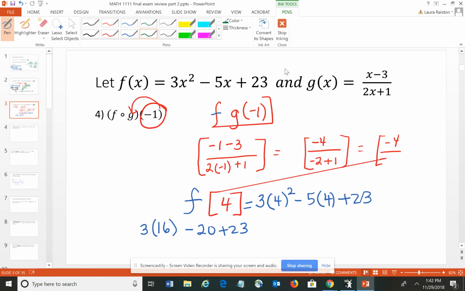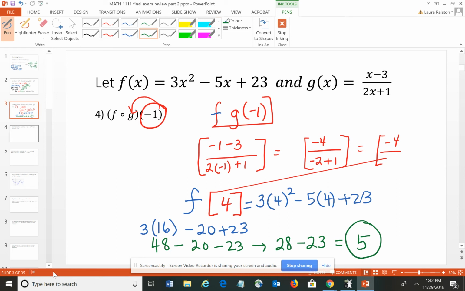Continue to do the math. 3 times 16 is 48, minus 20, plus 23. 48 minus 20 is 28. 28 plus 23 is 51. So f composed with g at negative 1 is 5.